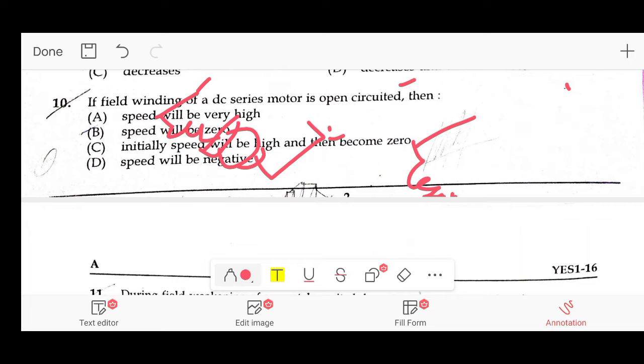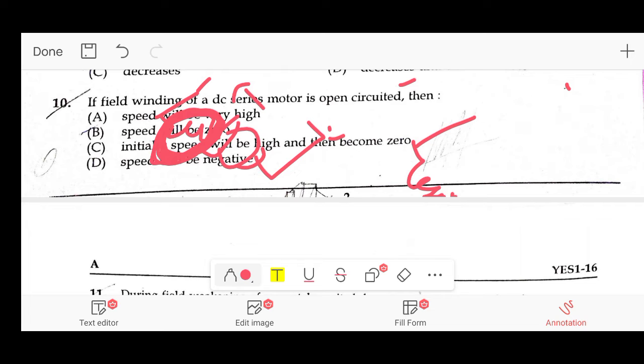If we open this series winding, then there is no field flux. The motor should have field flux as well as armature flux. If field flux is 0, then the motor current is going to be 0 because it is connected in series. If we open circuit it, the total machine is open circuited.